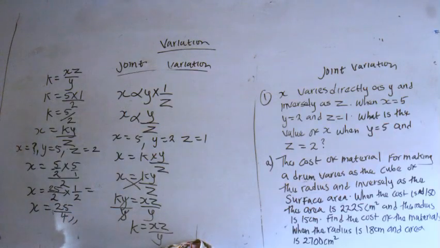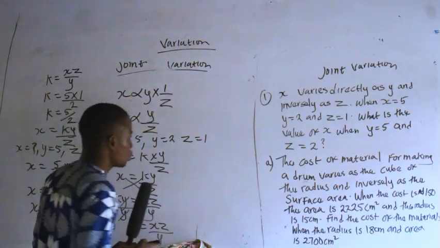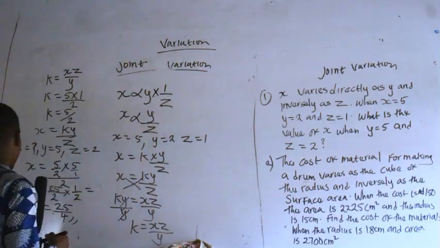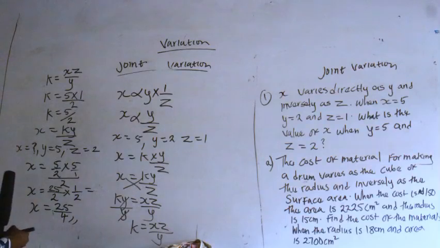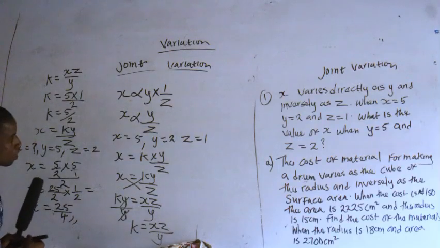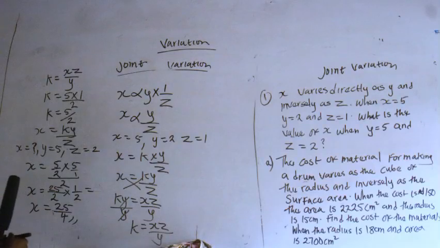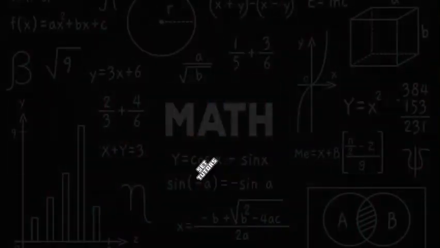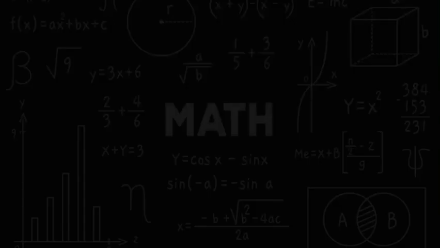That's the answer. X equals 25 all over 4. When we check it very well, we can see that it is very, very simple as ABC. Okay, let's go.